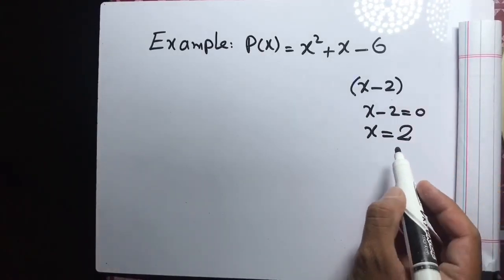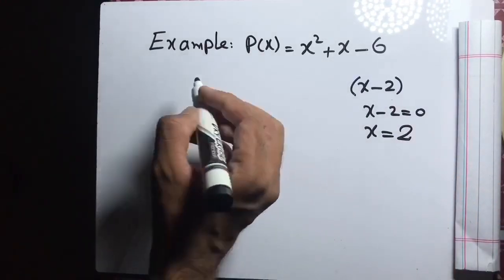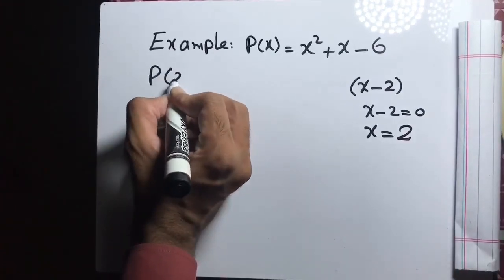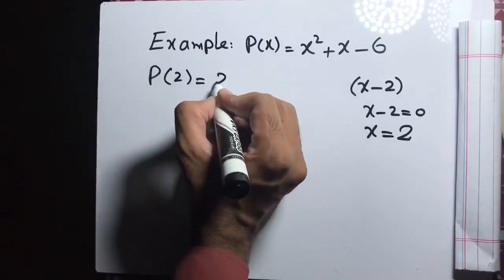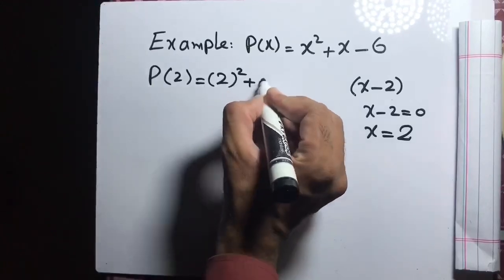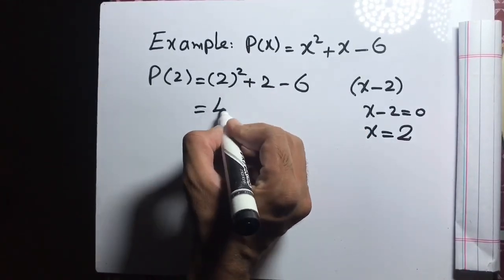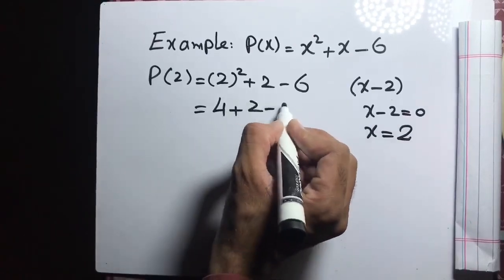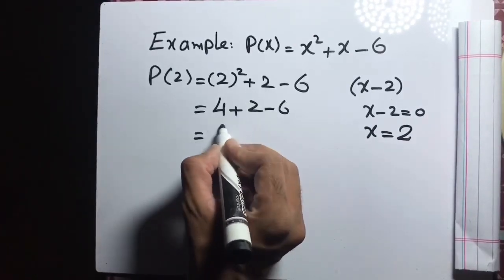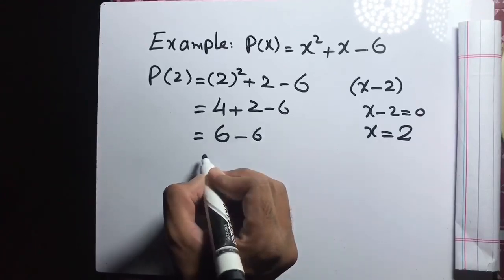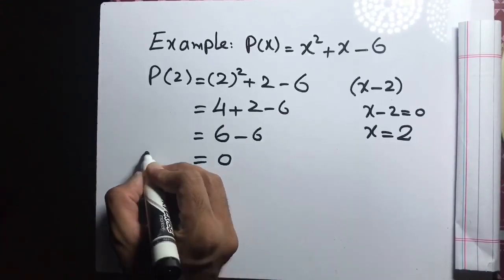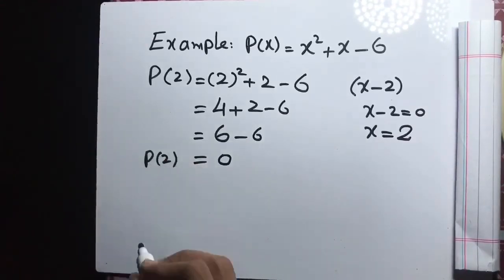Now we put the value of x in this polynomial. Then we get p of 2, that is equal to 2 square plus 2 minus 6. Here we get 2 square, that is equal to 4 plus 2 minus 6. 4 plus 2 is equal to 6 minus 6. Now we get 0. Now p of 2 that is equal to 0.